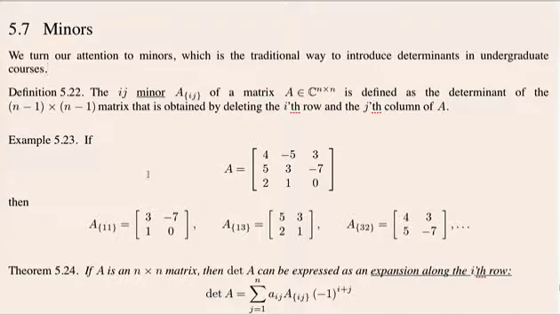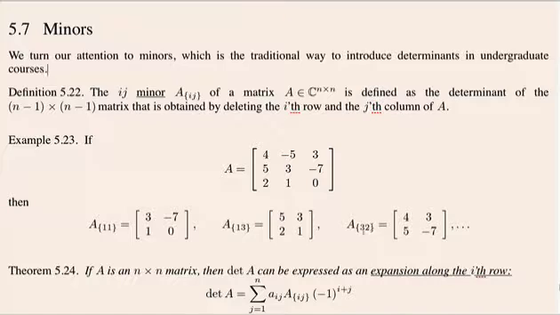For example, if you have this A matrix here, then the A11 minor is, you delete the row of 4 and the column of 4, so we end up with 3 minus 7, 1, 0. Then, for example, the minor A13, first row, third column, that's 3, so you delete this row and this column, and you are left with 5, 3, 2, 1.